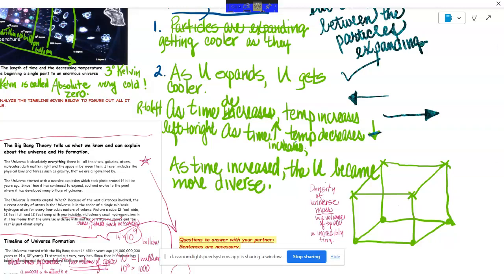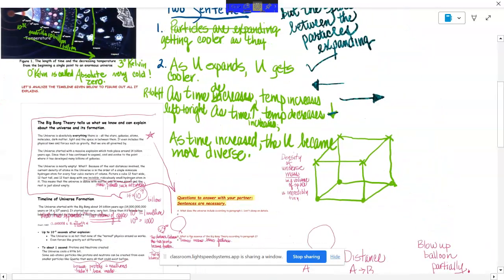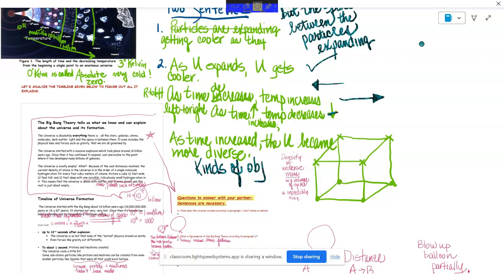Another one that you said, as time increased, the universe became more diverse. The word diverse is used a lot, but what is the meaning in this case? You could say more kinds of structures, more kinds of objects in space.